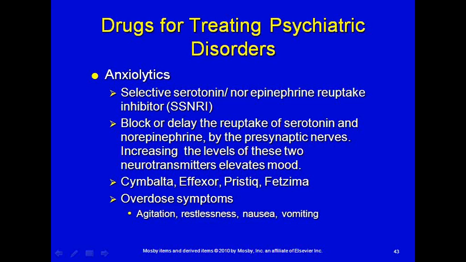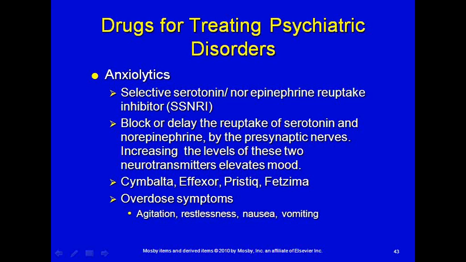One of the newer ones out there, actually newer than the SSRIs, are the SNRIs, serotonin norepinephrine reuptake inhibitors. They not only block or delay the reuptake of serotonin, but they also inhibit the uptake of norepinephrine.